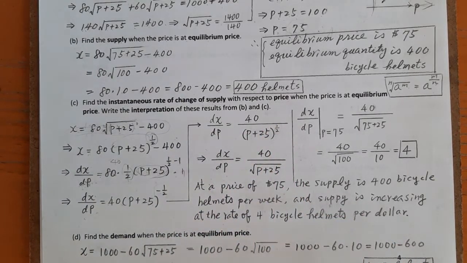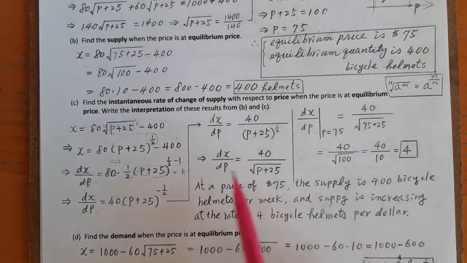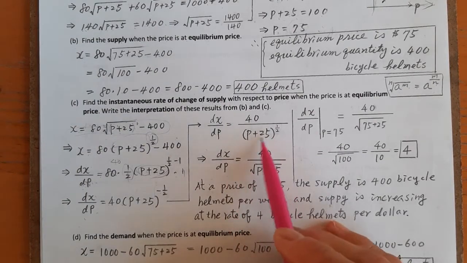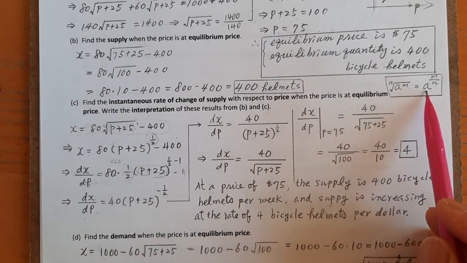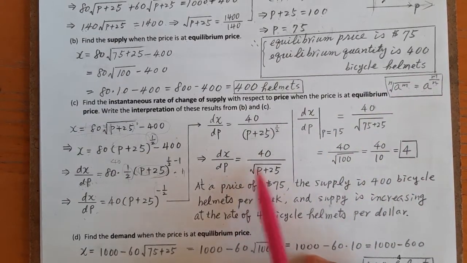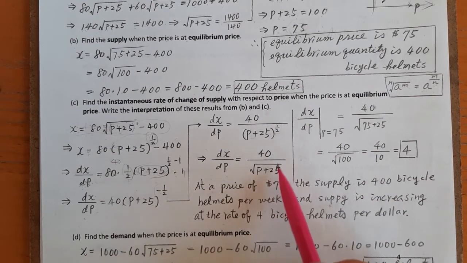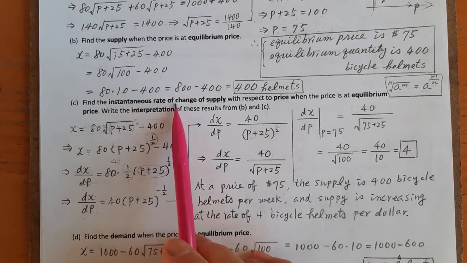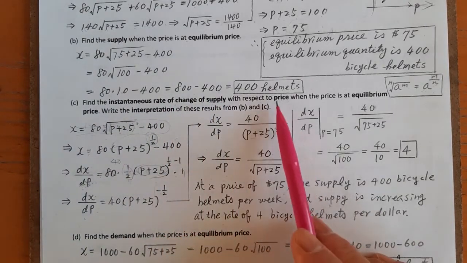That's the negative exponent rule. And then write this back using the 1 over 2 as a square root of p plus 25. So this is dx over dp, the instantaneous rate of change of supply with respect to the price.